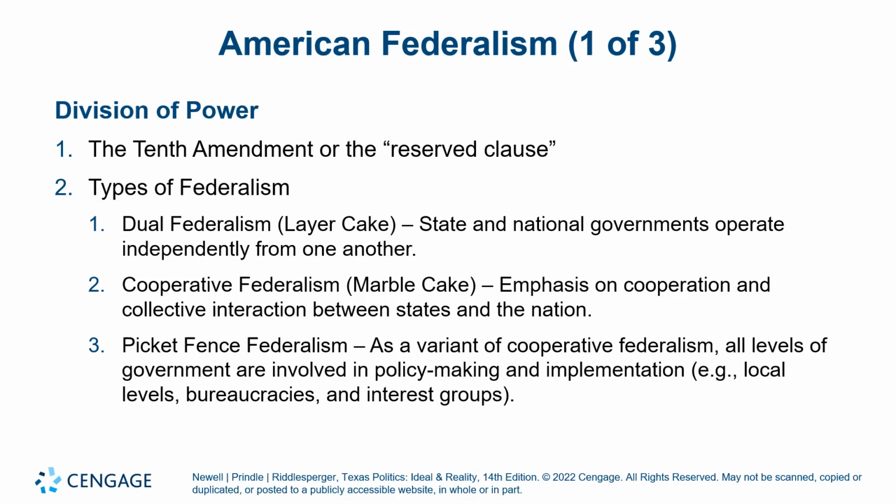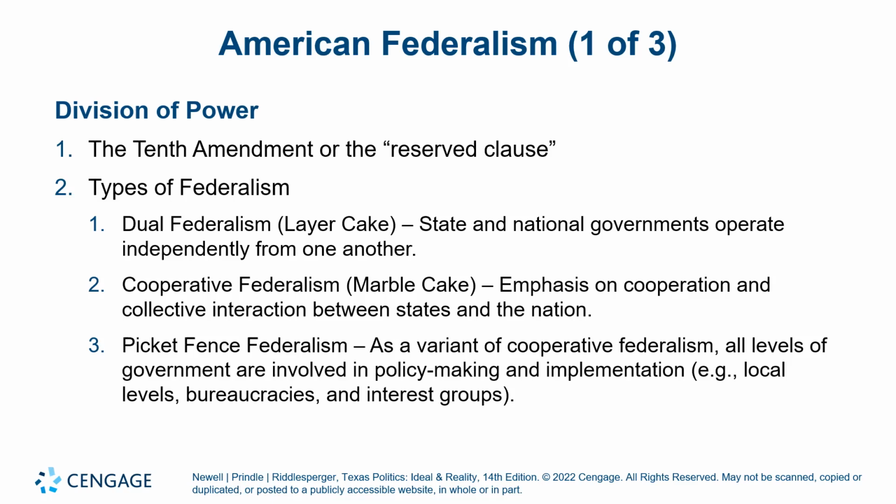Now let's look at types of federalism here. Like I said, historically we have shifted from dual federalism all the way through cooperative and picket fence federalism. Let's take a look at these first. So dual federalism, of course, is considered the layer cake model. If you took Government 2305, you'll be familiar with Gordon's analogy, right? With dual federalism, it's considered layer cake because the layers of the cake are separate from each other.